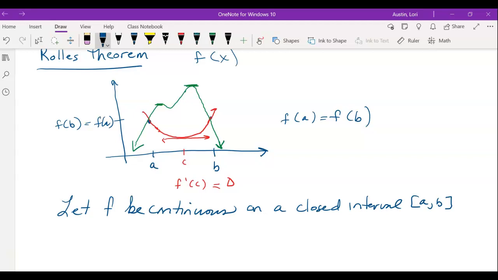But when we talk about being differentiable, interesting enough, we can't be differentiable at the endpoints. So it's differentiable on the open interval AB.